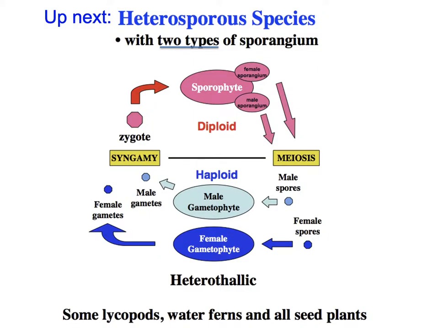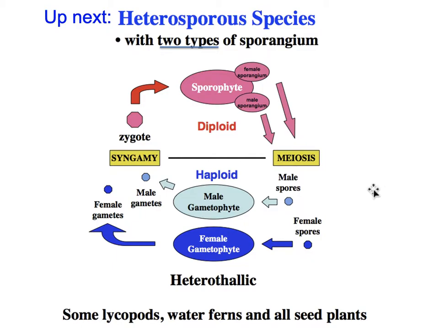So up next, we need to learn what a heterosporous species is. And that means that the sporophyte produces two distinct types of sporangium. And the sporangium is referred to as the female sporangium or male sporangium, which produces female spores or male spores by meiosis.